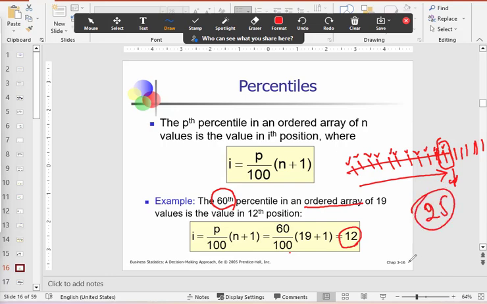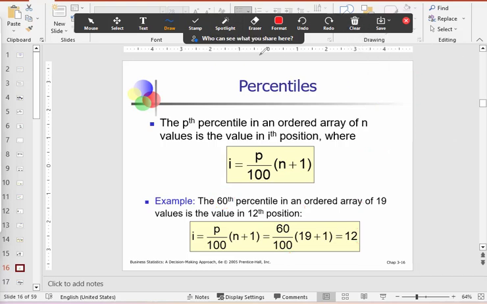So this 25 in this data, at the 12th position, is the 60th percentile value. In other words, for this data set, 25 is bigger than 60% of the data. So this is the way we explain percentiles.